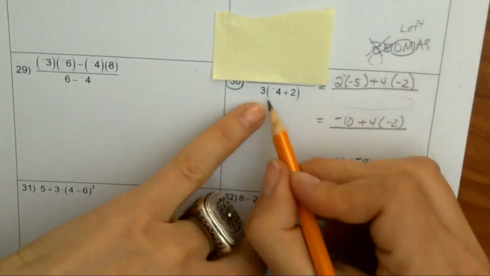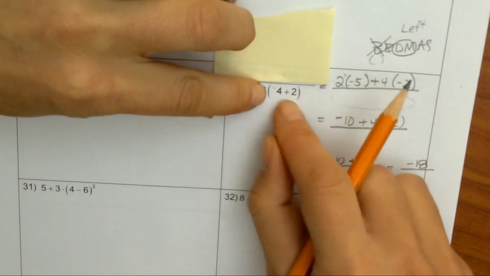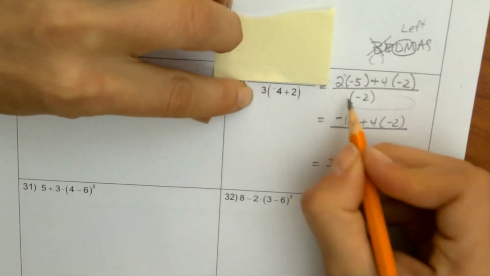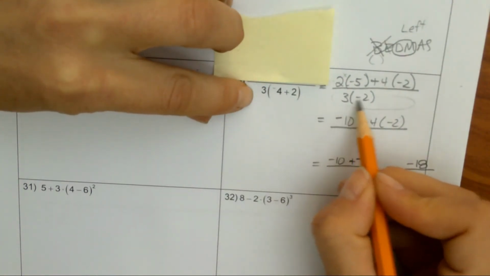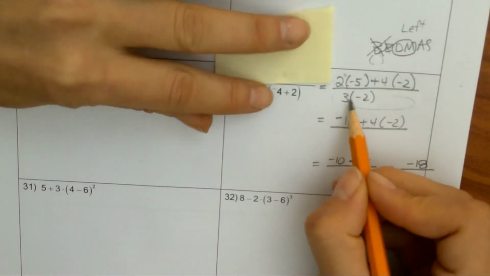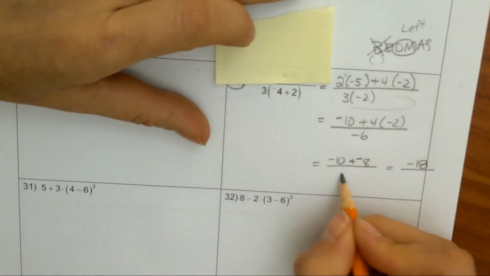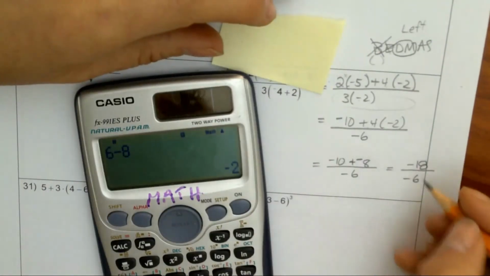Do I have brackets? Yes. Okay. Negative 4 plus 2, that's equal to negative 2. And put the 3 in front. And then when there's a number next to a bracket and they're very close like this, that's multiply. So 3 times negative 2 is negative 6. And here this is divide.